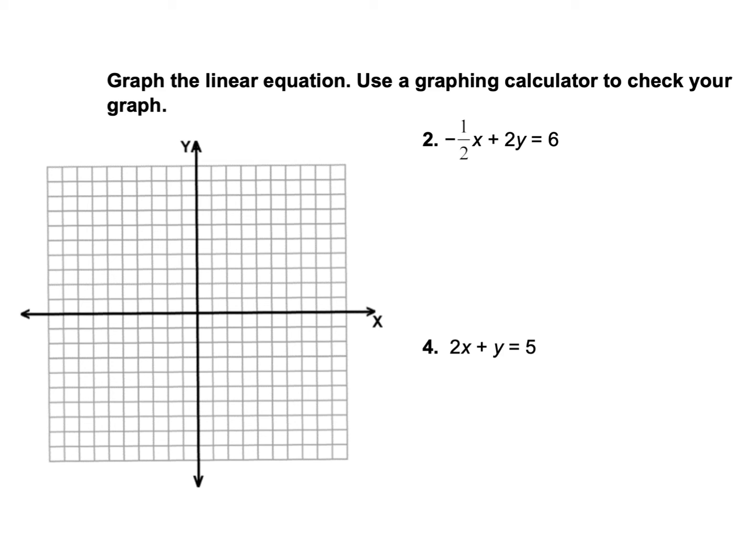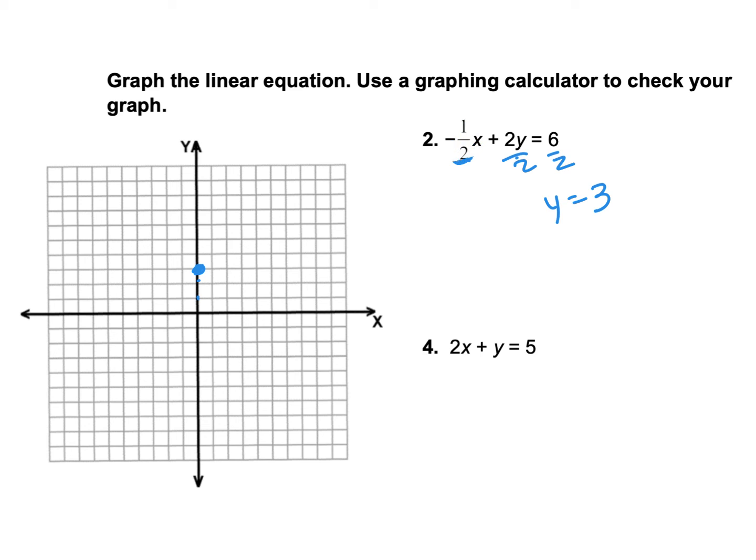Here I've got them, I'm just going to use intercepts because it's not a bad thing, and I think it's going to be easier. So put 0 in for x, divide both sides by 2, y equals 3, if I'm doing my math correctly.